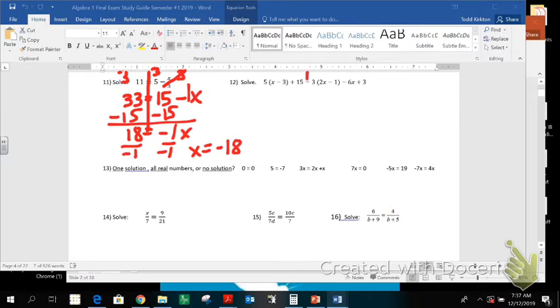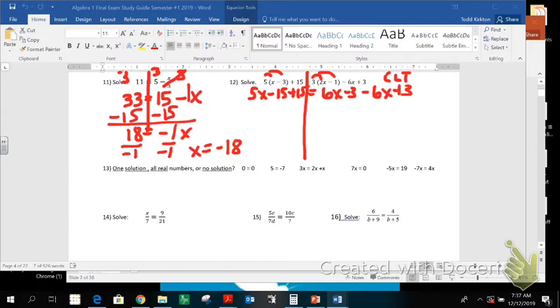For the second one, draw the line. And then we have some distributing and combining like terms. So CLT, you got to keep that in mind. Before you can solve, you have to have one variable and one number expression on each side. So this is 5x minus 15 plus 15 equals 6x minus 3, and then minus 6x plus 3.